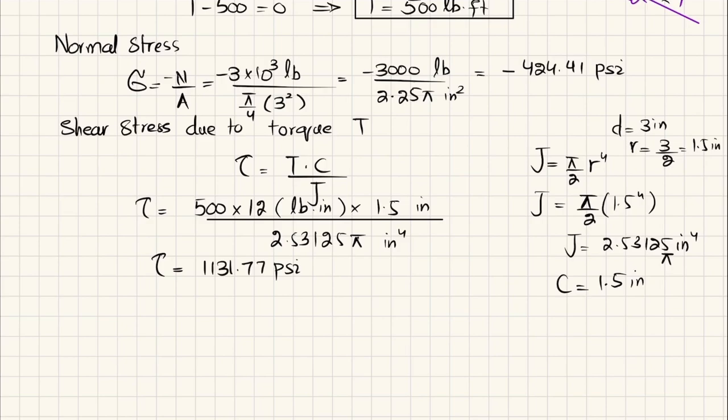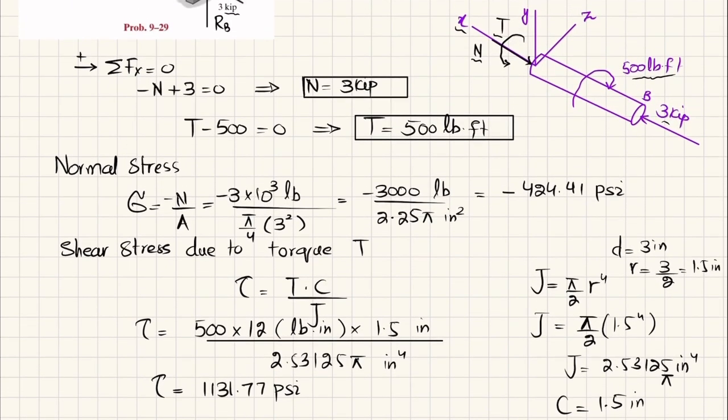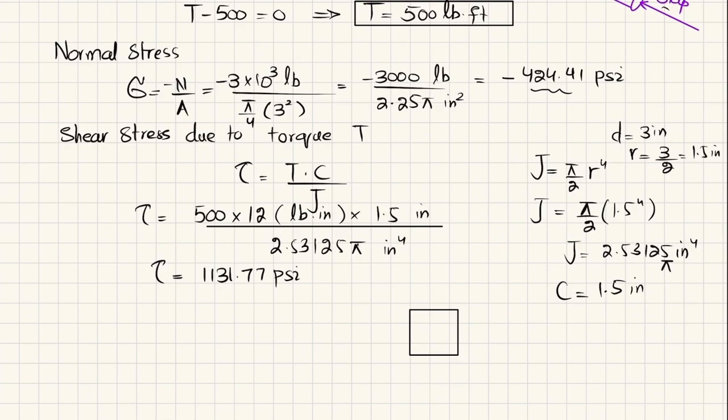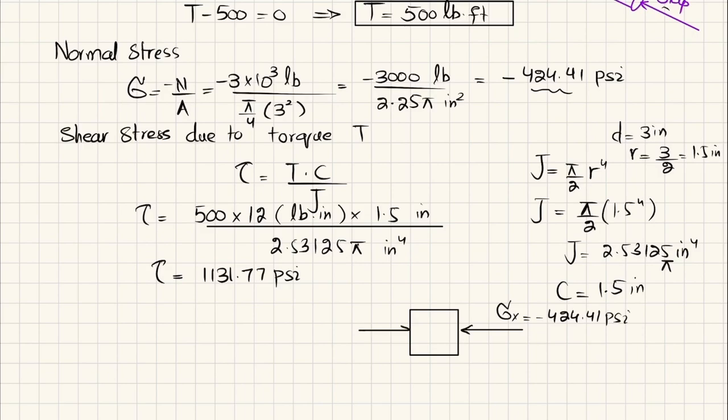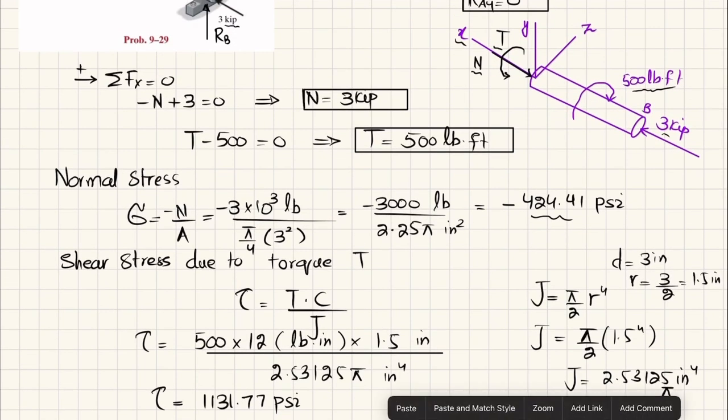If you draw the state of stress on the element like this, you can see that you have stress in x direction of minus 424.41, that is compressive. So your sigma x will be equal to minus 424.41 psi. There is no stress in y direction, and we have shear stress tau of xy.